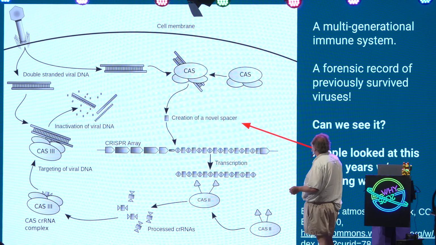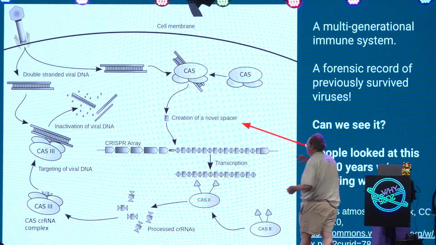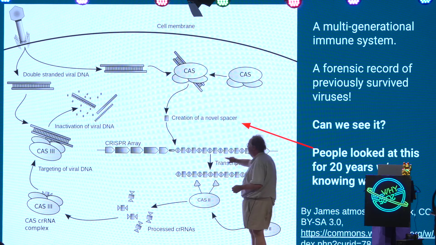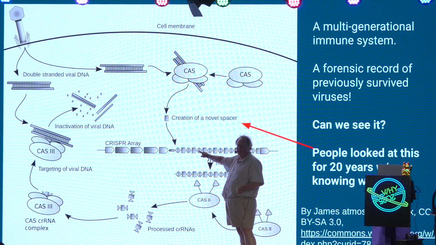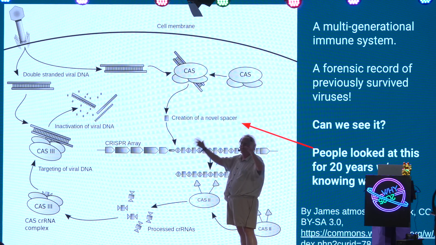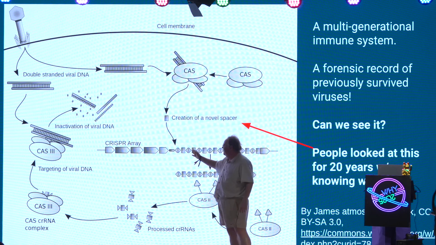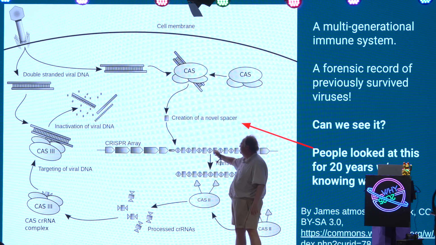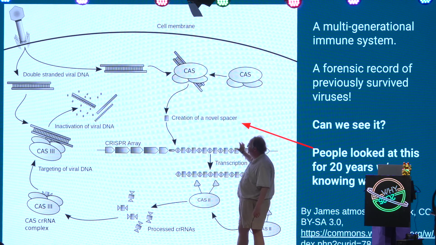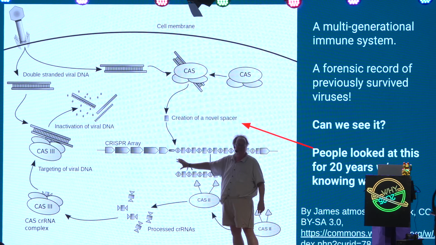And then at one point, someone who was wise looked at this spacer and they said, I recognize this as viral DNA. So in the bacterium, there is a list of pieces of viral DNA. And it turns out this is an immune system.